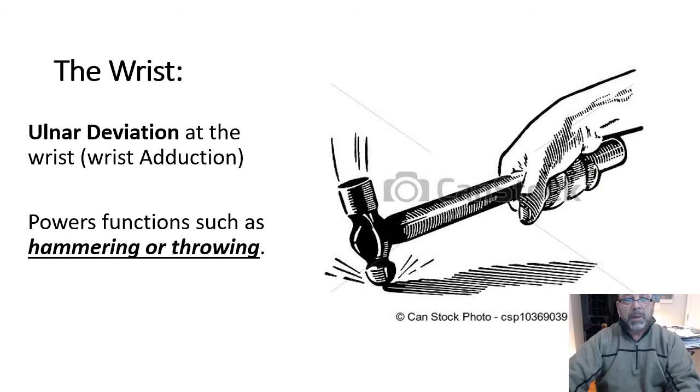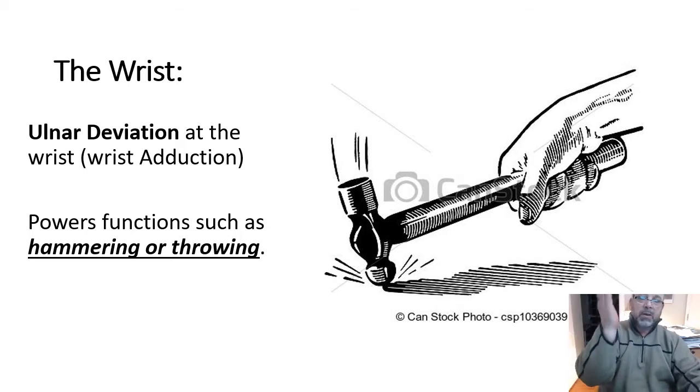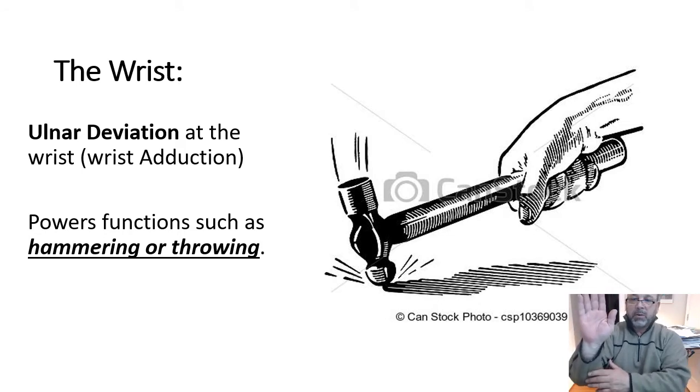So when we talk about the wrist, we have ulnar deviation, which is also known as wrist adduction, and it powers functions such as hammering and throwing. When we ulnar deviate, we're bringing the wrist towards the ulnar side.